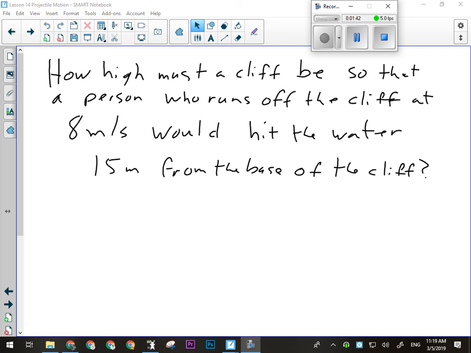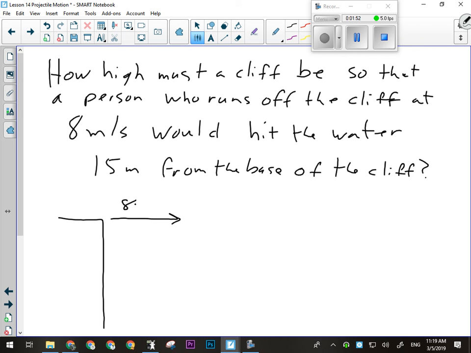So just a couple of reminders on what we want to do here. First, we want to kind of draw this out. We know that the person is going to run off the cliff at 8 meters per second. Is that a horizontal or a vertical value? That's a horizontal value. So we want to remember that we also want to break this thing up into the two components.